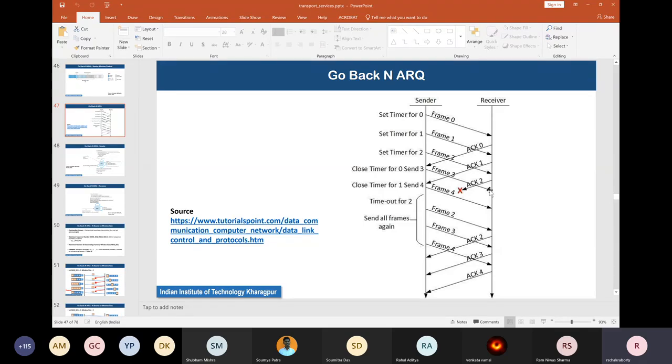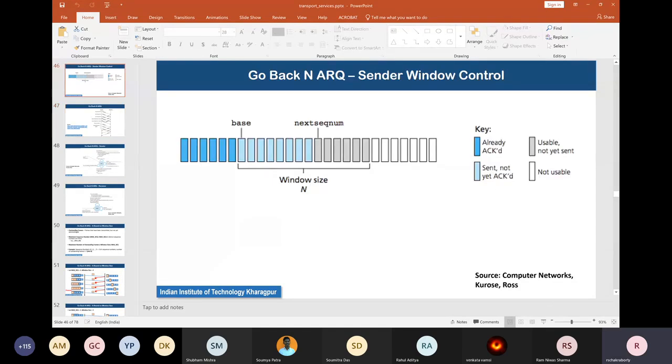So when it receives all pending acknowledgements 2, 3, 4, it makes a large jump. What I mean by a large jump is that suppose in a particular very severe case, because this base timed out, it sent out all these frames again.